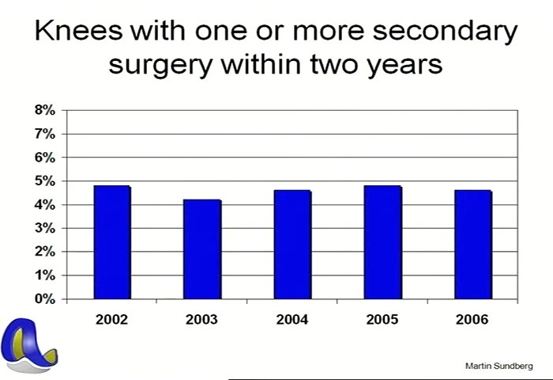In this slide, a knee is only represented once, regardless of how many procedures were performed. And as you can see, the frequency of secondary procedures is unchanged during the 5-year period. So you can say that in Sweden slightly less than 5% of all patients require secondary surgery within the first 2 years.